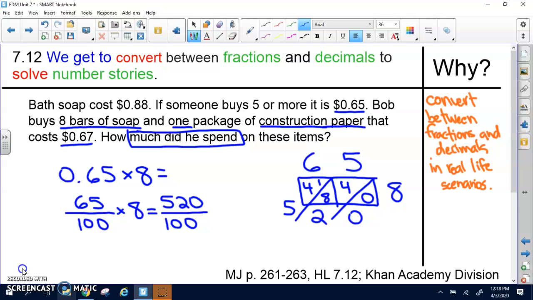Now I'm going to leave it like this for right now so that I can add in the cost of my construction paper before I convert it. So I'm going to go ahead and take my 520 100ths that he just spent on the bar of soap, and I'm going to add that to my 67 cents for the construction paper. Well, just like we did with the bar of soap and converting the 65 cents into 65 100ths, I'm going to convert my 67 cents into 67 hundredths.